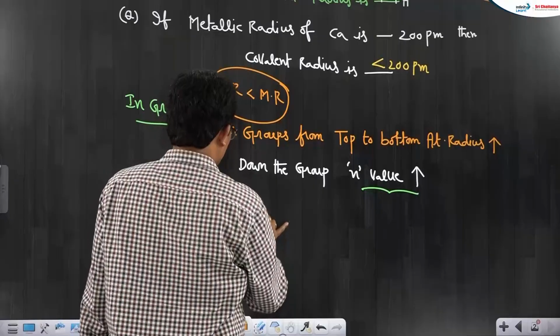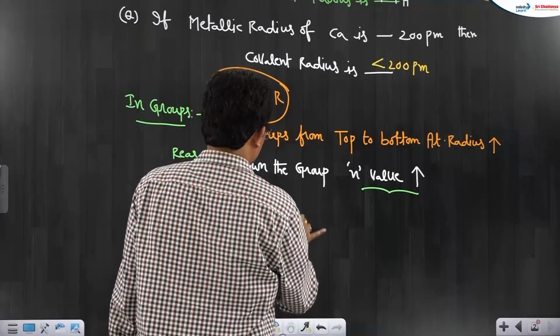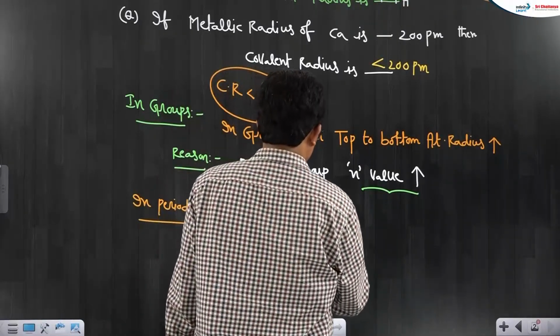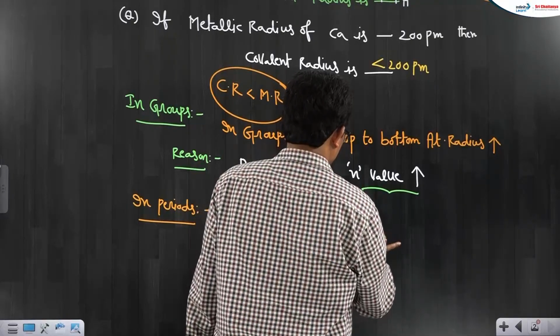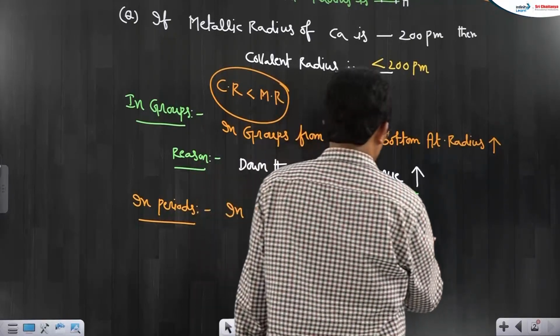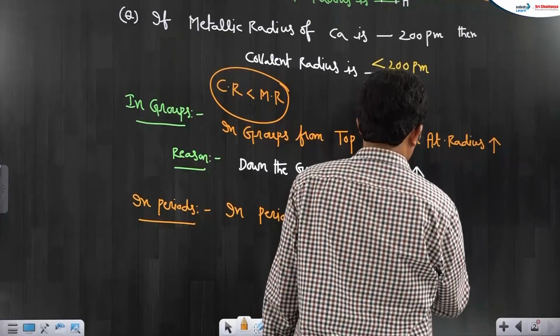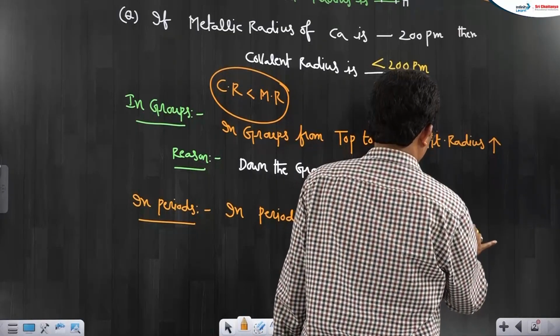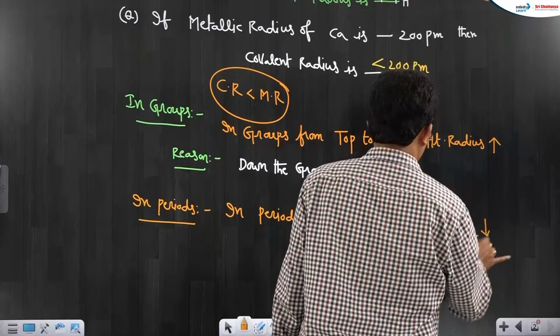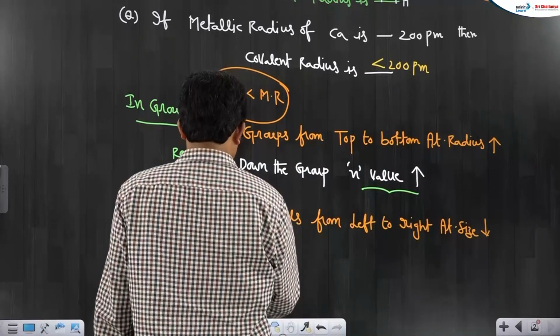So in periods from left to right, atomic size decreases up to halogen.